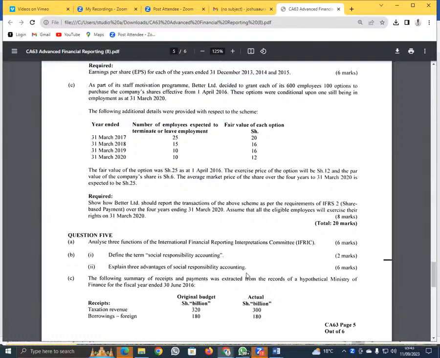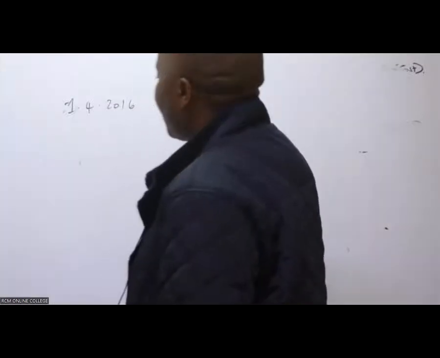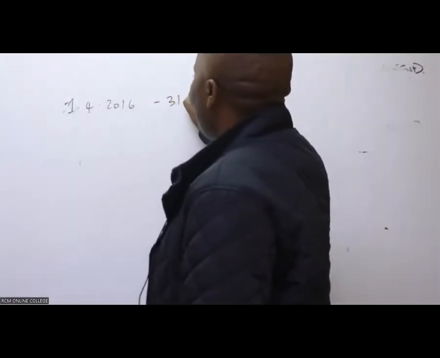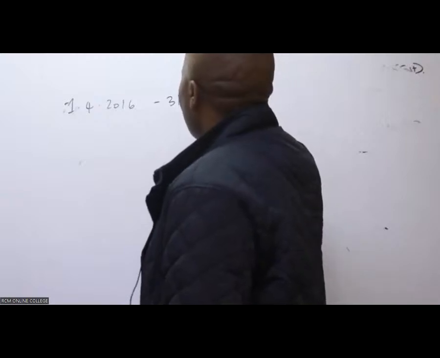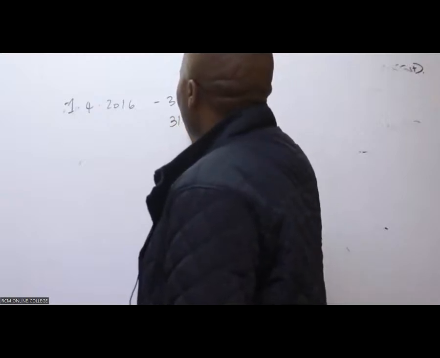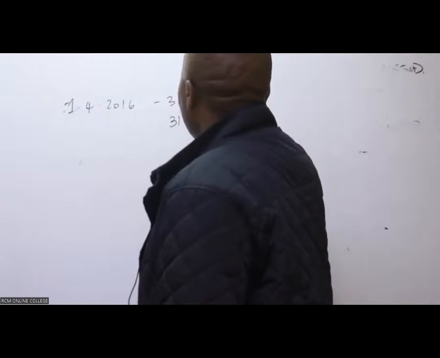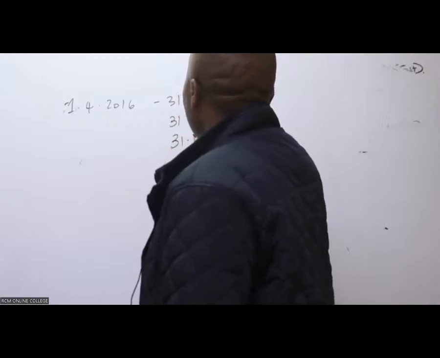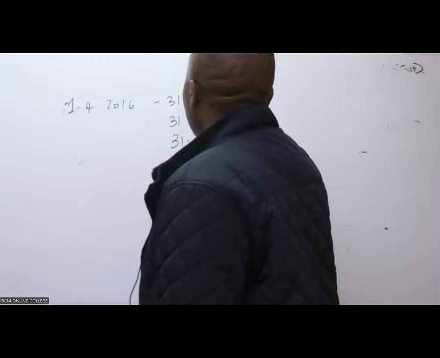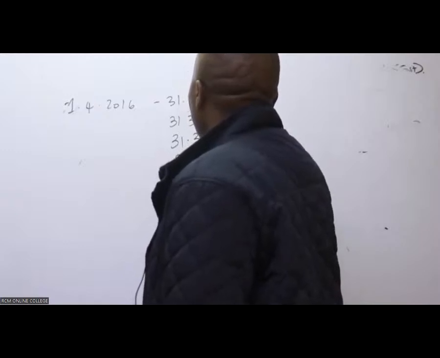this is even counting for me, 1st April 2016. So then we have 1st April 2016 to 31st March 2017. So we have 31st March 2018, the second year, 31st March 2019, the third year, 31st March 2020, the fourth year.